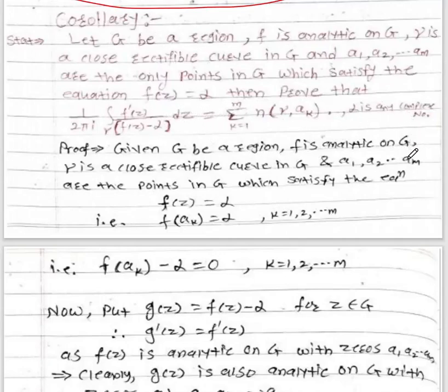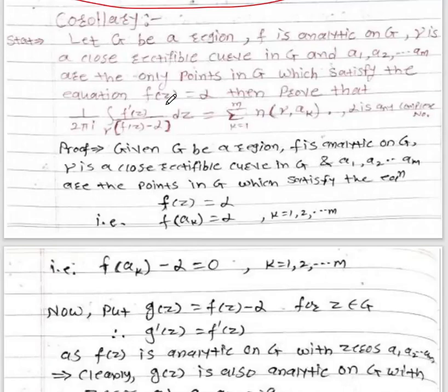Then we have to prove that 1 upon 2πi integral over gamma f'(z) upon f(z) minus alpha dz equals summation k equal to 1 to m of the index of closed curve gamma at point ak, where alpha is any complex number.